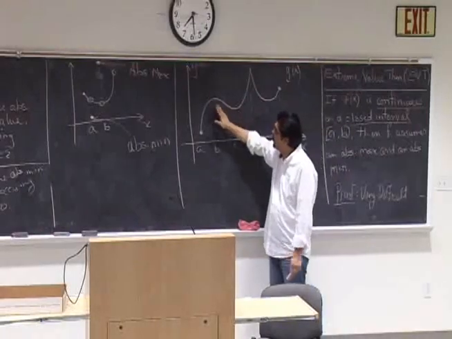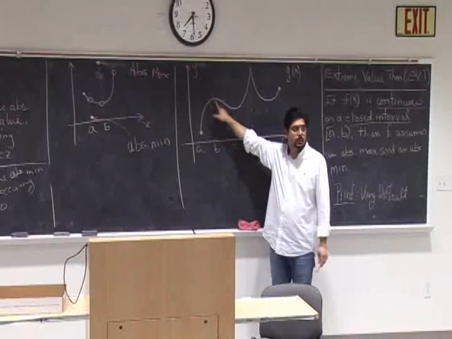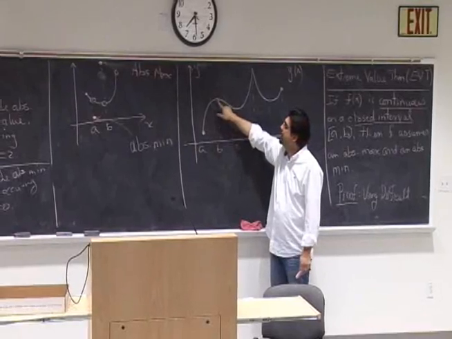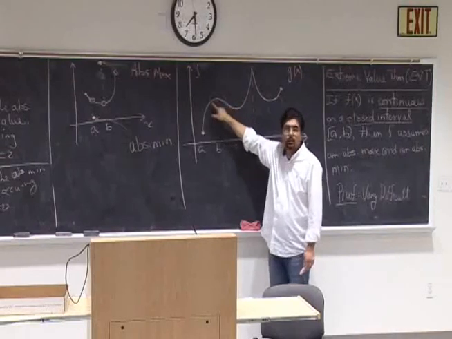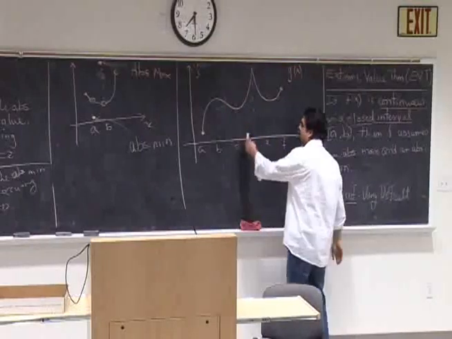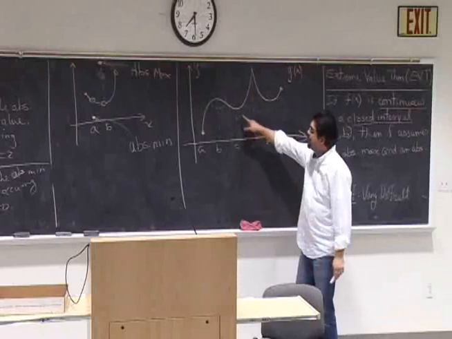But if you're only concerned with the function near that point, then you can say that you have a peak if that value is the largest value when you're close to that point. Okay, if you're looking at it locally. All right? And similarly, this is a valley because locally that's the lowest value.